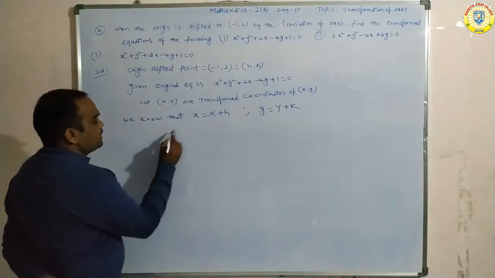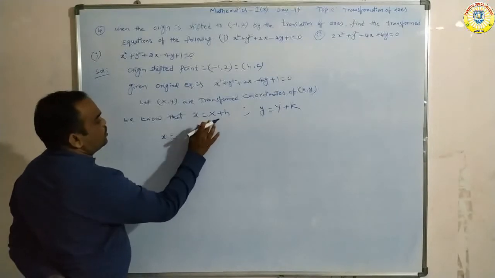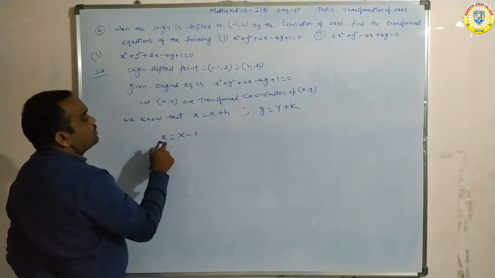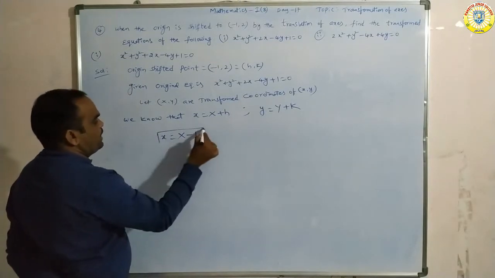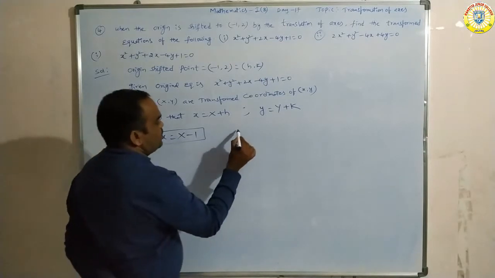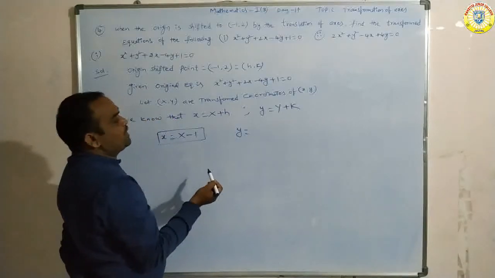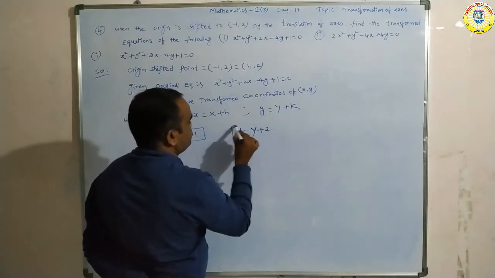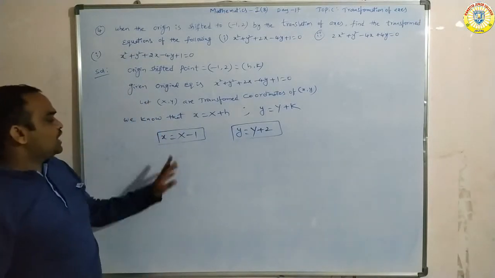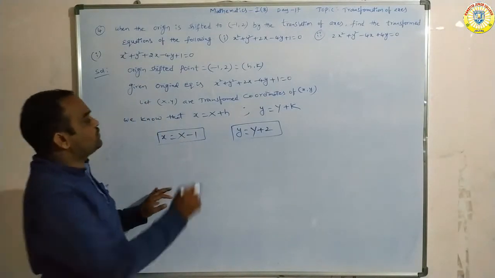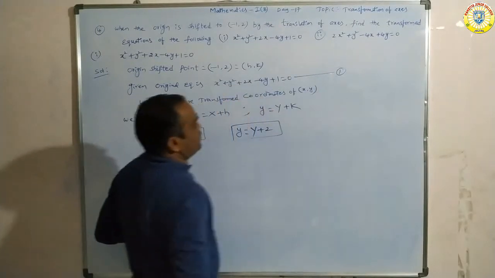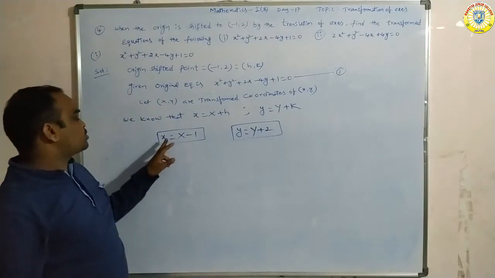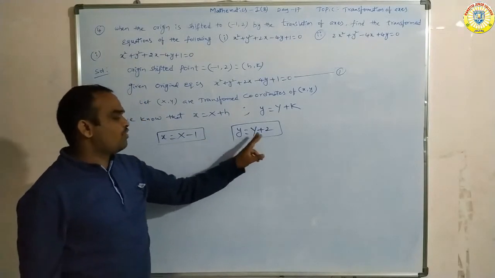Here small x is equal to capital X plus h. h is equal to -1, so small x is equal to capital X minus 1. k is equal to 2, so small y is equal to capital Y plus 2. Now in our original equation, equation 1, we substitute small x is equal to capital X minus 1 and small y is equal to capital Y plus 2.